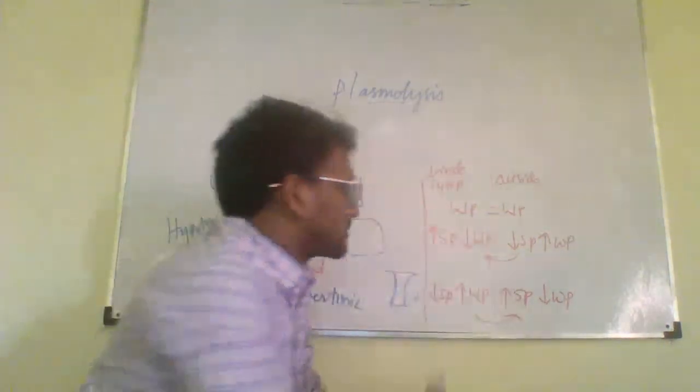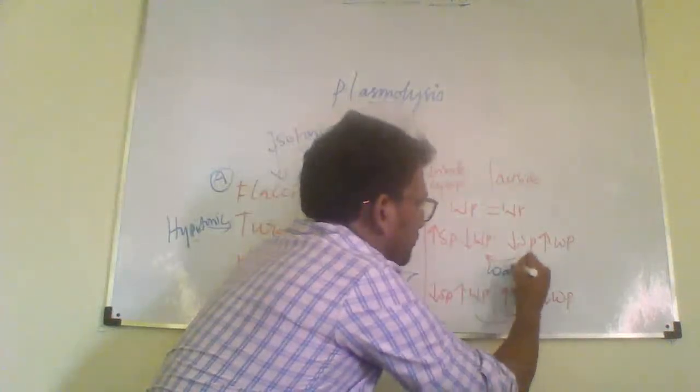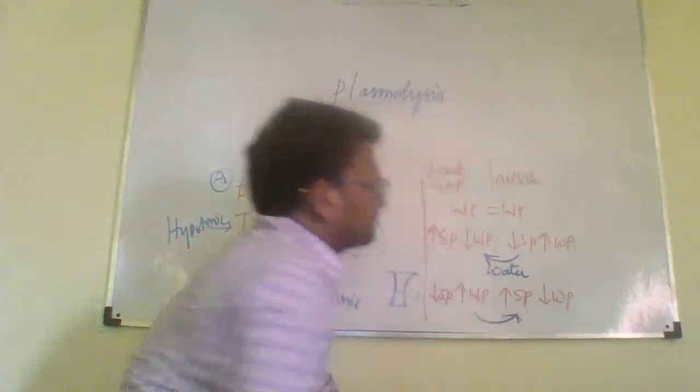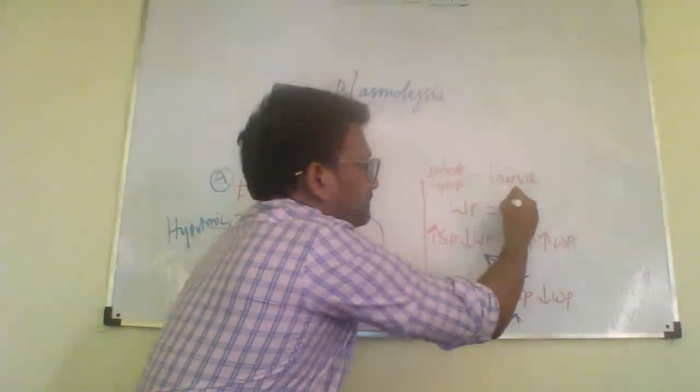So the cell contents would be coming outside. So this is the movement of water. Okay. So this is equilibrium.